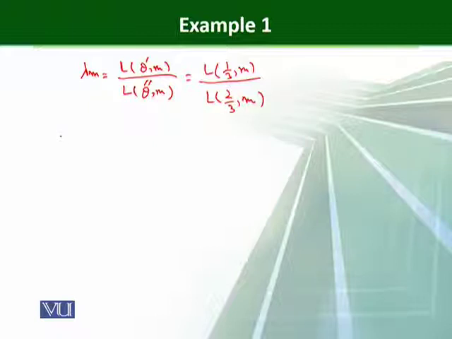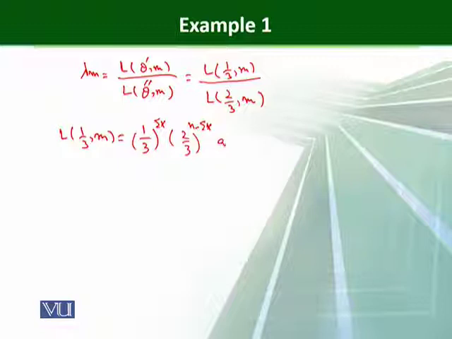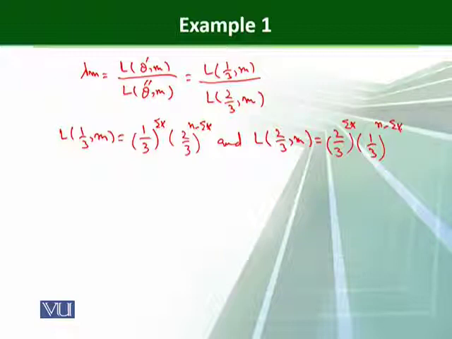So where L of 1 over 3 m is equal to 1 over 3 raised to power sum x into 2 over 3, that is 1 minus theta, that is 2 over 3, raised to power n minus sum x. And for the other one, that is L of 2 over 3 m, that is actually 2 over 3 raised to power sum x into 1 over 3 raised to power n minus sum x.